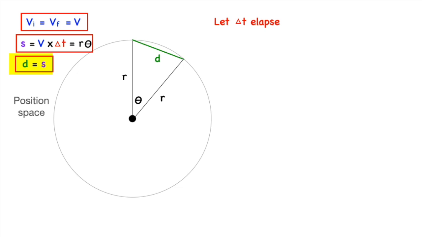This is an isosceles triangle. It has two sides of equal length, R, and these sides are known as the legs. The side labeled D is known as the base of this isosceles triangle. The two angles at the base of an isosceles triangle are equal.